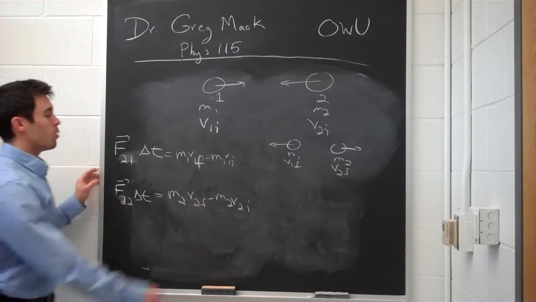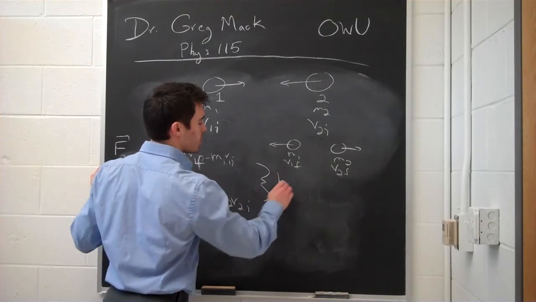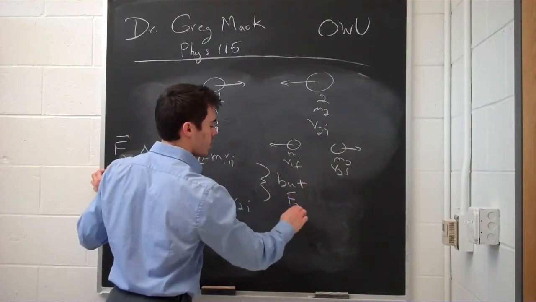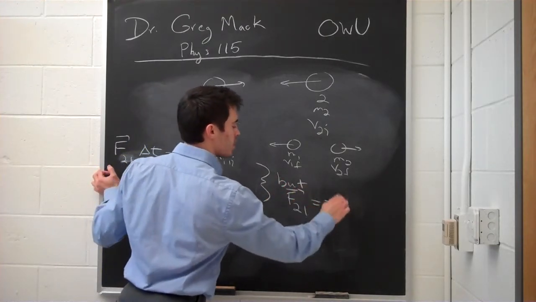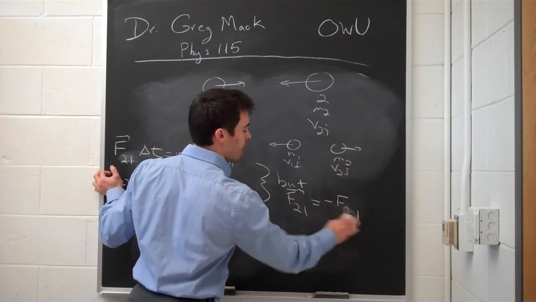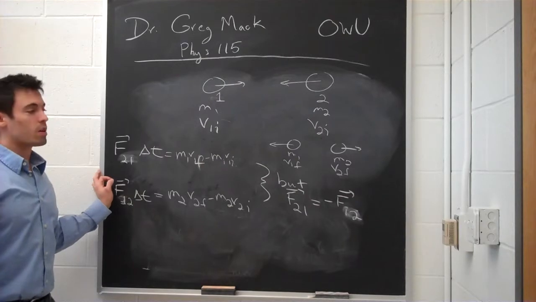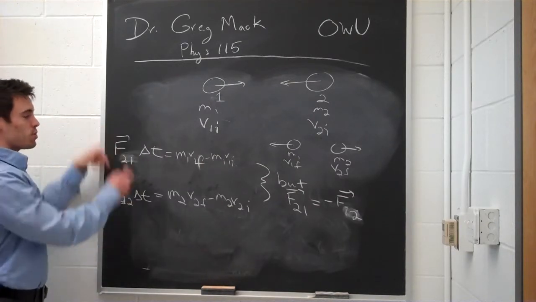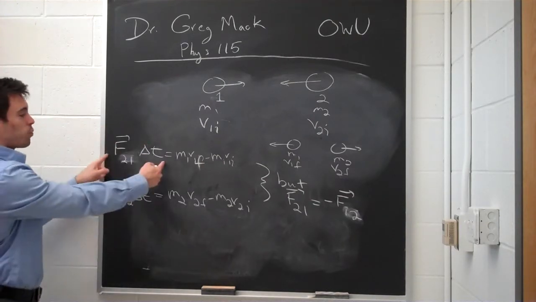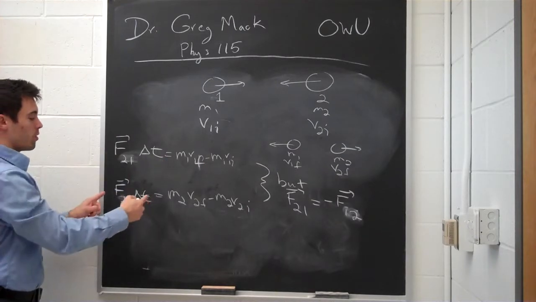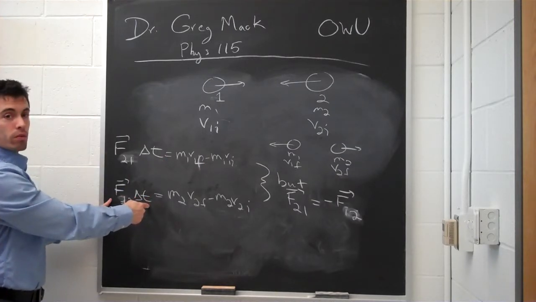Now, what does Newton's third law tell us about these two forces if we're in an isolated system? We know that they are equal in magnitude and opposite in sign. So that means we can relate these two things so that this one is equal to the negative of this one.